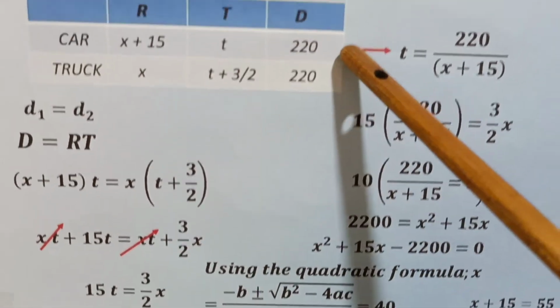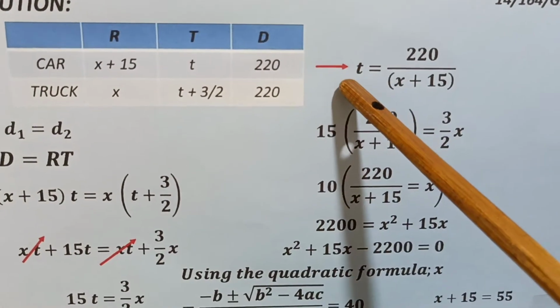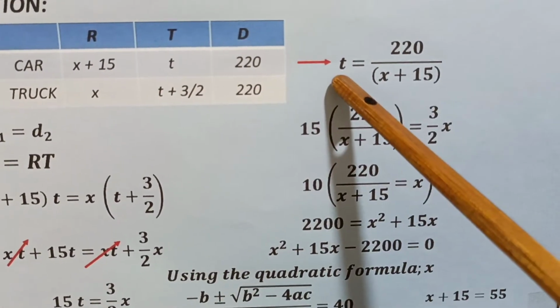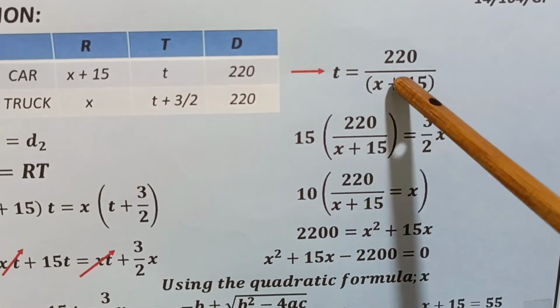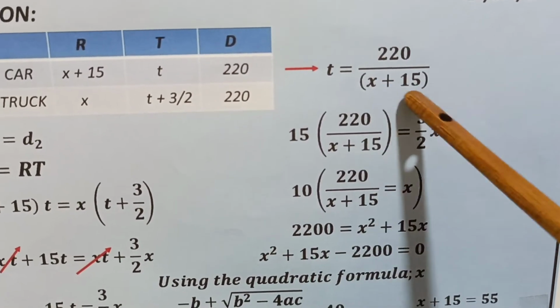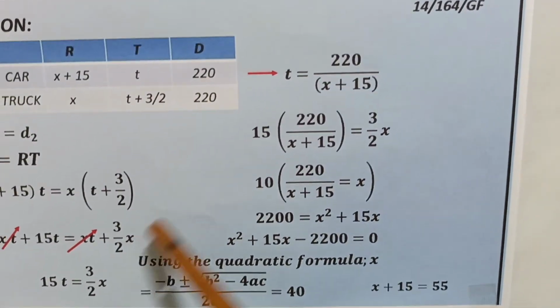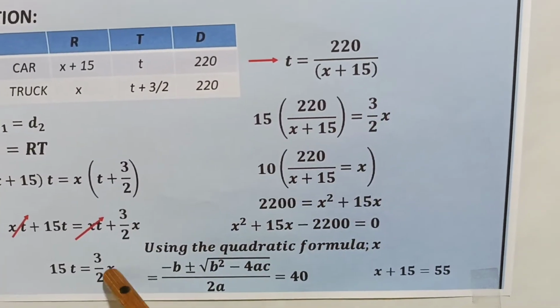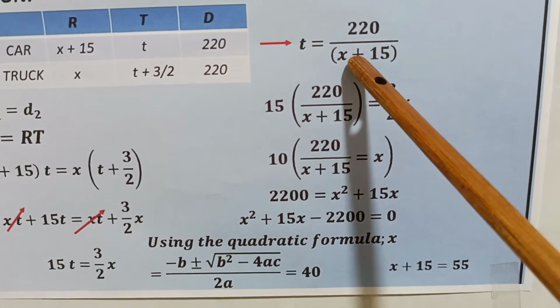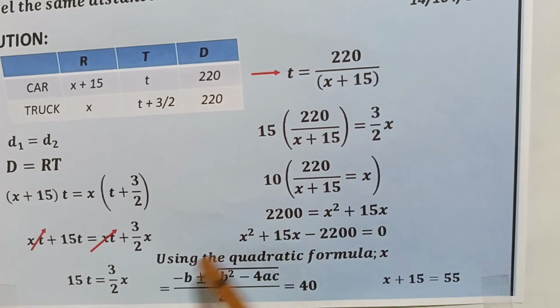For the car, we have this equation here: t is the total distance over the rate. So we substitute the value of t into this equation. So 15 times t, which is 220 over x plus 15, is equal to 3/2 x as given here.